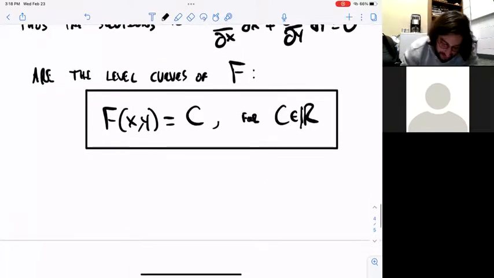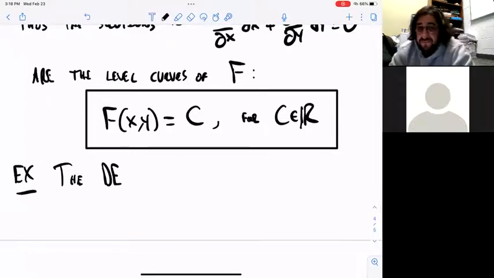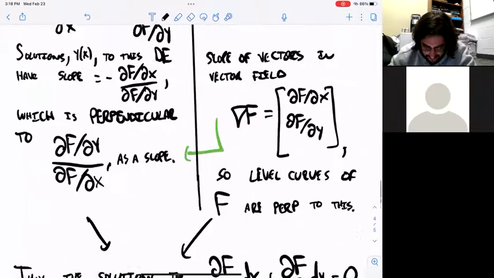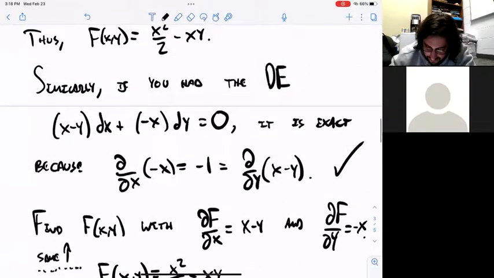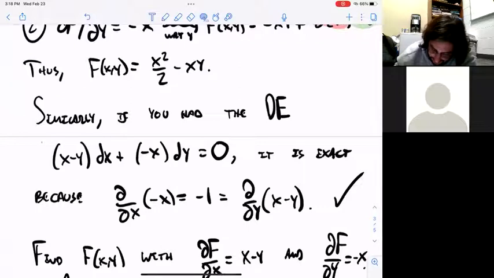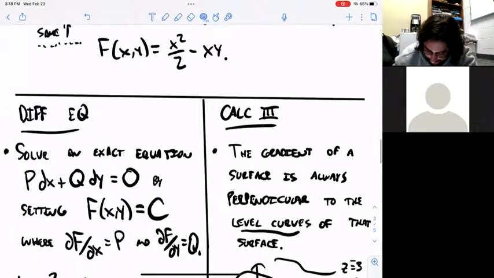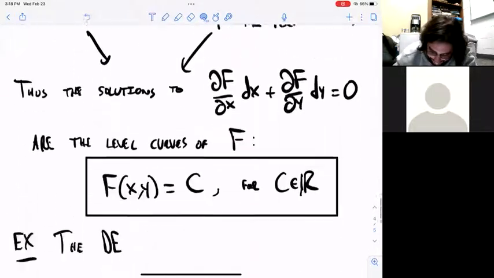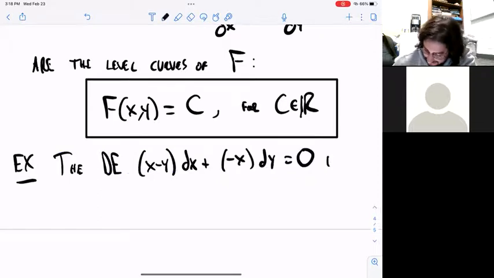I want to show now, just to finish out that example, the differential equation that we had. That differential equation was this one here, so let's grab this DE. This is an exact differential equation. This has what as its solutions?